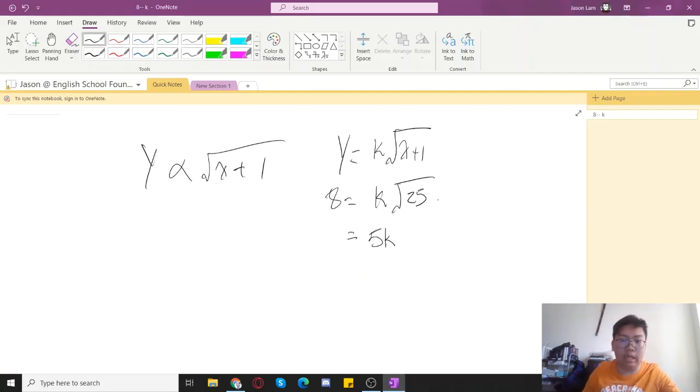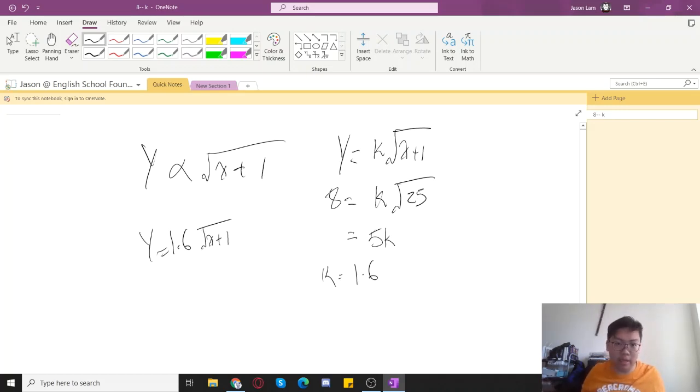So again, we know that y equals 5k. Oh wait, no, I'm stupid. We need to find out k first. 1.6. Okay, good. So y equals 1.6 times root x plus 1.